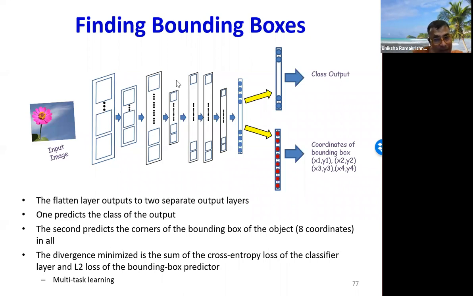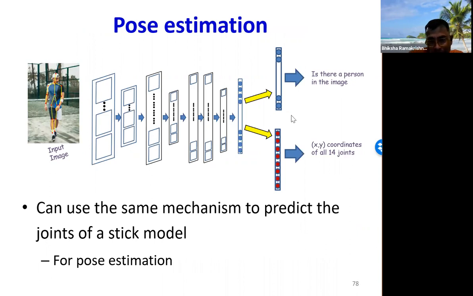More typically, solutions have a two-stage process where they first segment the input into regions and then run this process on the individual regions. And hopefully you'll actually get to see this in a recitation. You can use the same mechanism for pose estimation. Now the second output layer will predict the joints on a stick model of the subject.